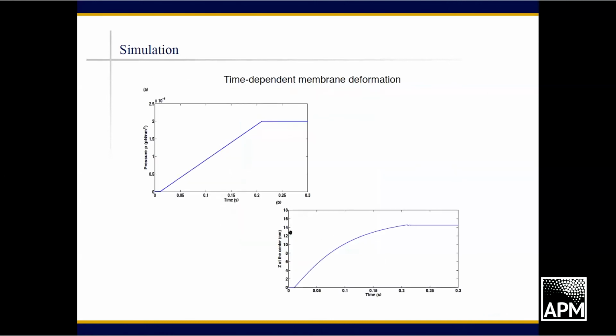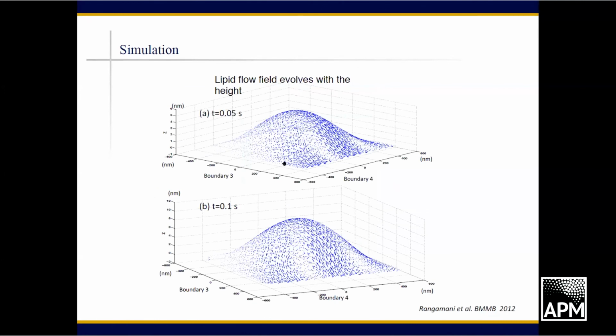And we will prescribe a lateral pressure as a function of time and study the evolution of the dynamics. So we have a coupling between the evolving shape of the membrane and the flow field in the surface of the bilayer as well in response to the pressure evolution.